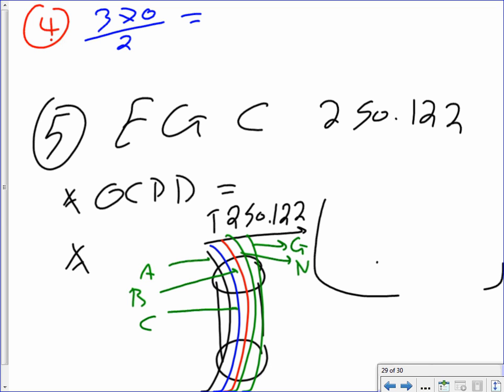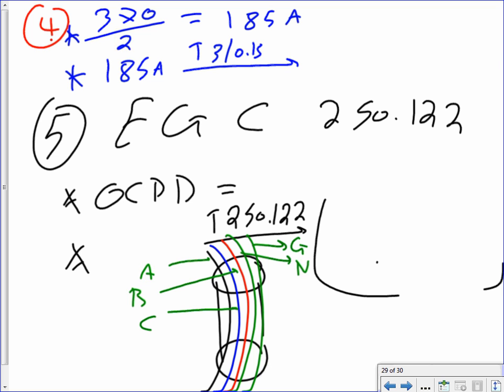Because I have to parallel. 185. Thank you. 185 amps. Then you take the 185 amp to table 310.15 B16, 75-degree column. That'll get you 2 sets of one conductor. What size?